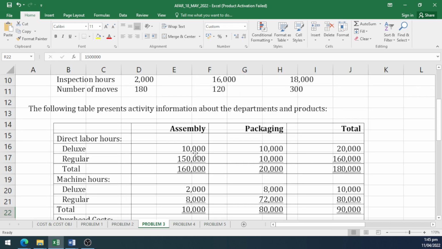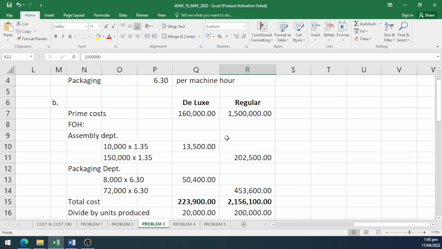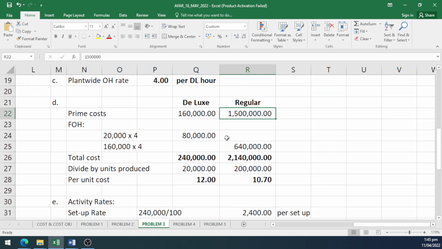Ito po class, oh. 20 and 160. Yan. So, the total overhead allocated to deluxe ay 80,000. For regular, 640. Total manufacturing cost, 240,000 and 2,140,000. Divided by the units, then you have the per unit cost. Yan. Yan po ang plant-wide system.